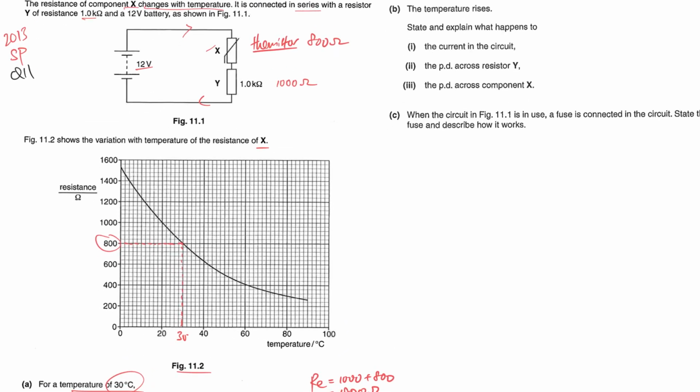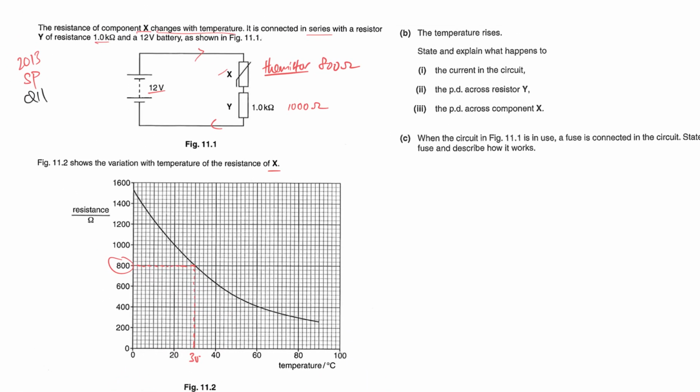Next, part B is an explanation. It's given that as the temperature rises, state and explain what happens to the current in the circuit. All these are quite straightforward, just using your basics.